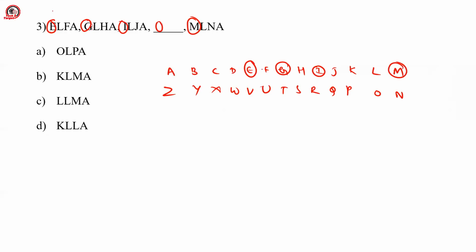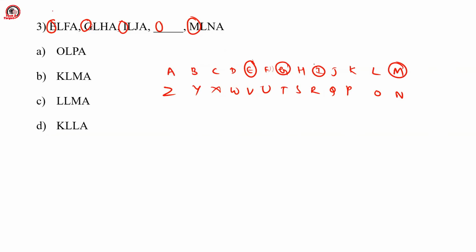So basically what they are doing is, in every alternate word, the first letter is incremented by 2, right? Initially it was here. We are leaving one alphabet here. Then we're going for the next alphabet for the second word. For the third word, we are again leaving one letter in the middle.